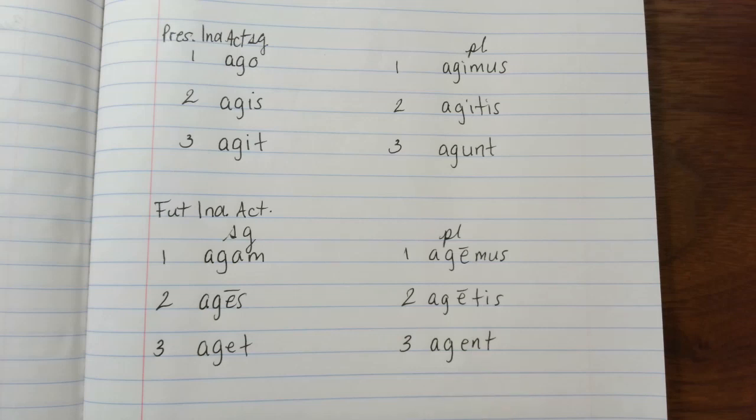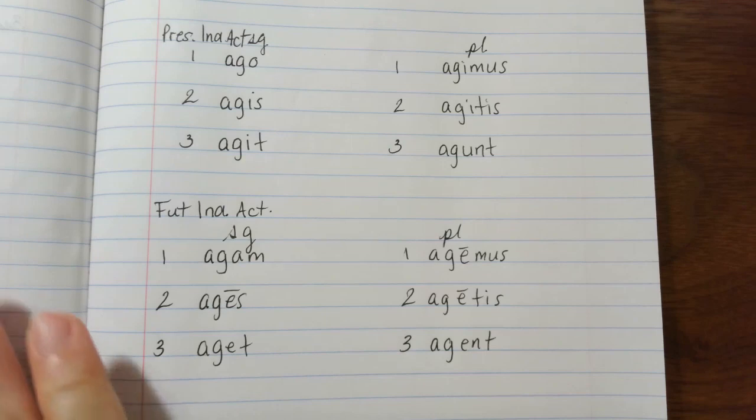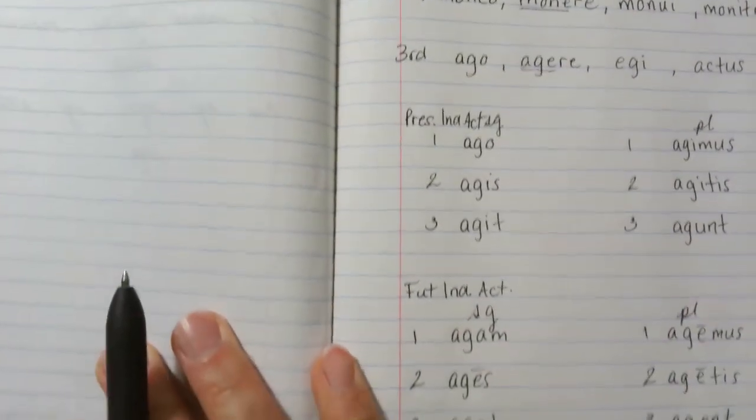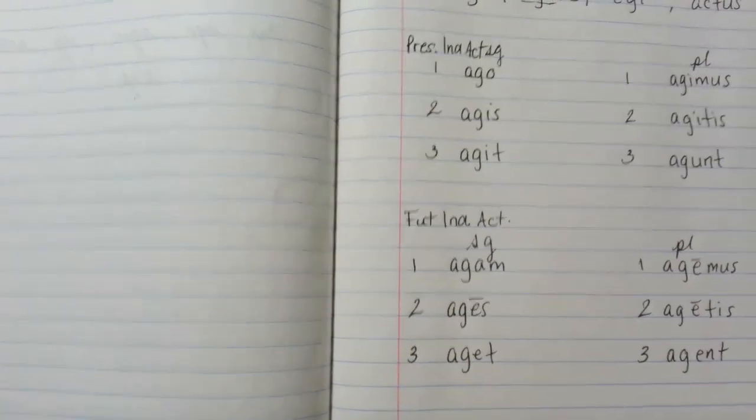Now, it's important to distinguish this from the second conjugation verb. Okay? And let me show you what I mean by that, why this could be a little confusing. So let me conjugate for you moneo in the present tense. Okay, so we have future indicative active here.